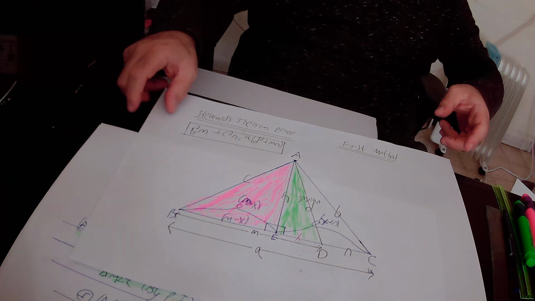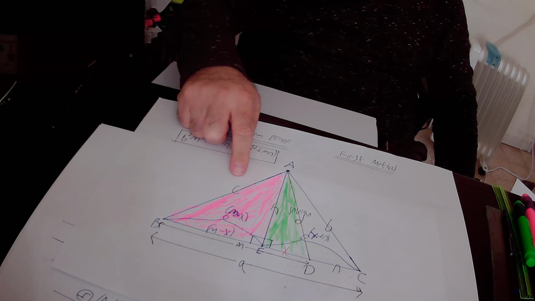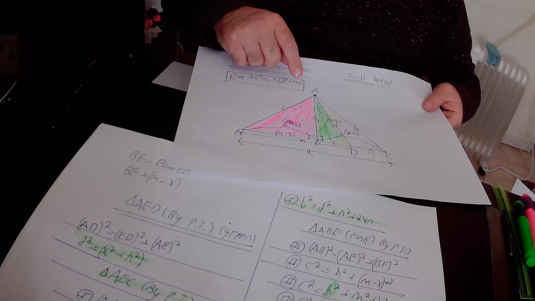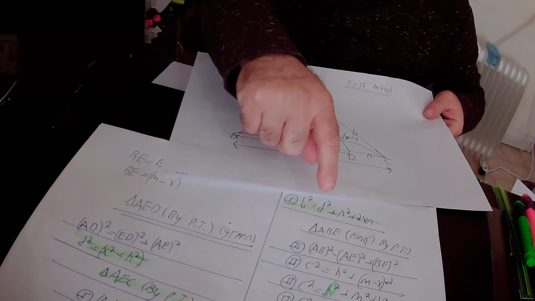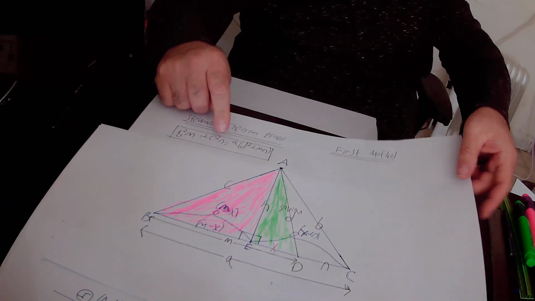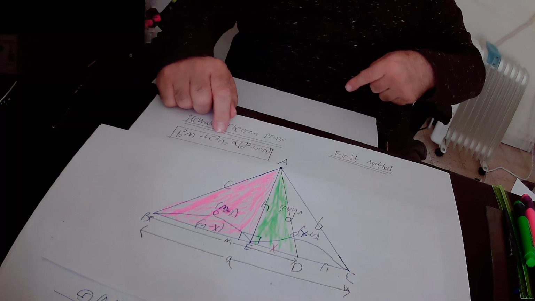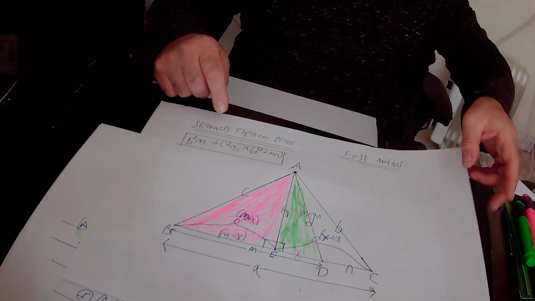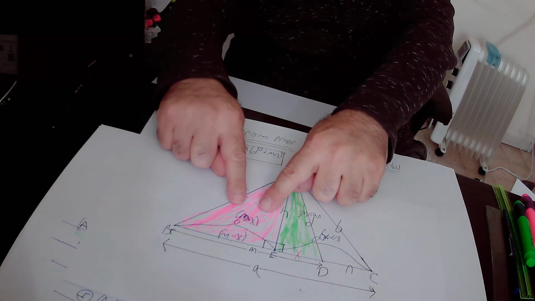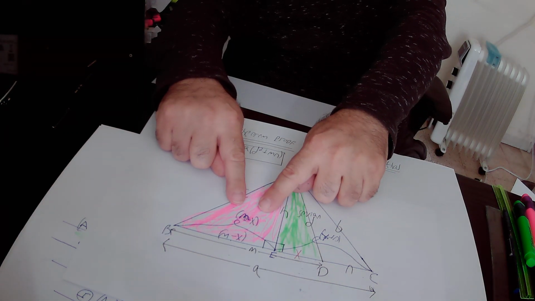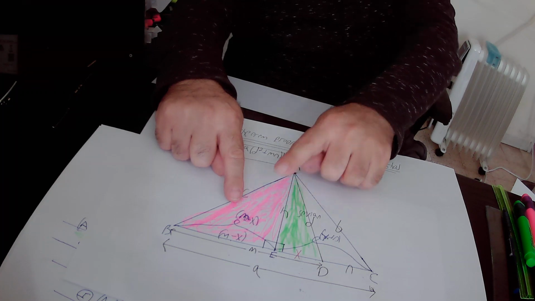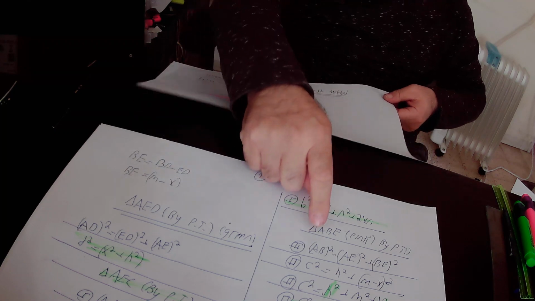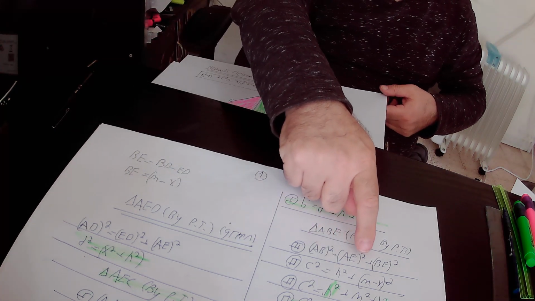AB equals C units in its length, therefore AB square is C square, and it is equal to AE square. AE is H, therefore AE square is H square, plus BE square. BE equals M minus X, therefore BE square equals M minus X square. So in conclusion, we found out that C square equals H square plus M minus X square.